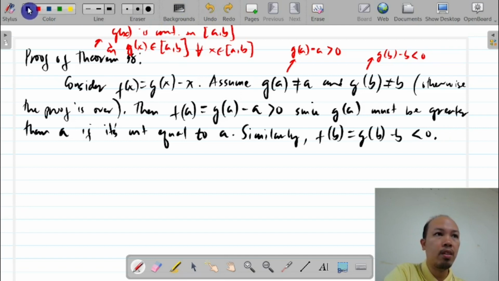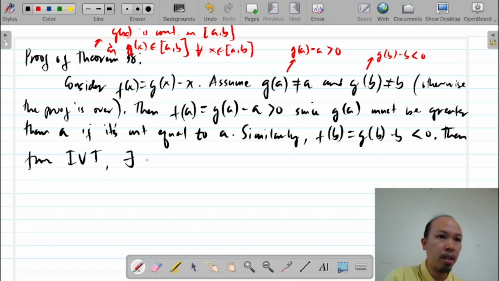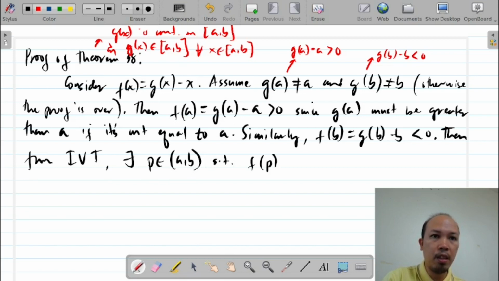then from the intermediate value theorem, there exists p on the open interval (a, b) such that f of p is equal to 0, or g of p is equal to p.